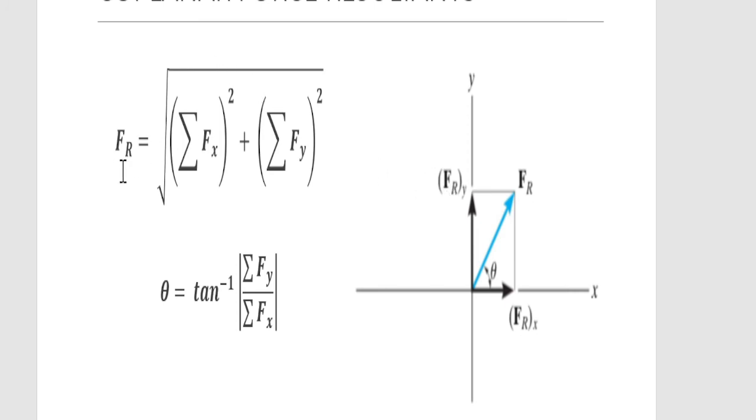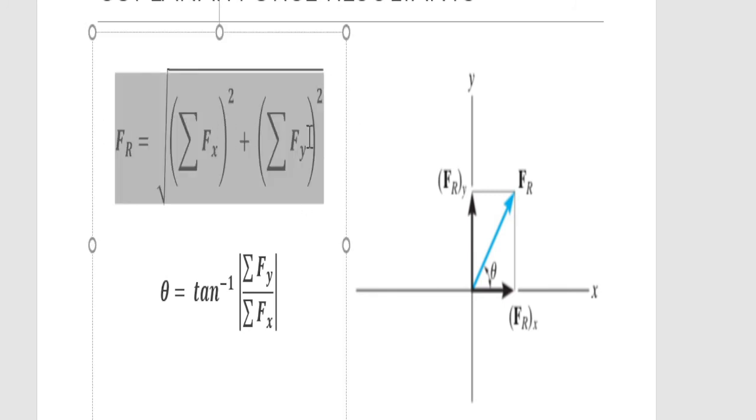Then next, Fr you can solve by the root of the summation of Fx squared plus the summation of Fy squared. So that is Fr.